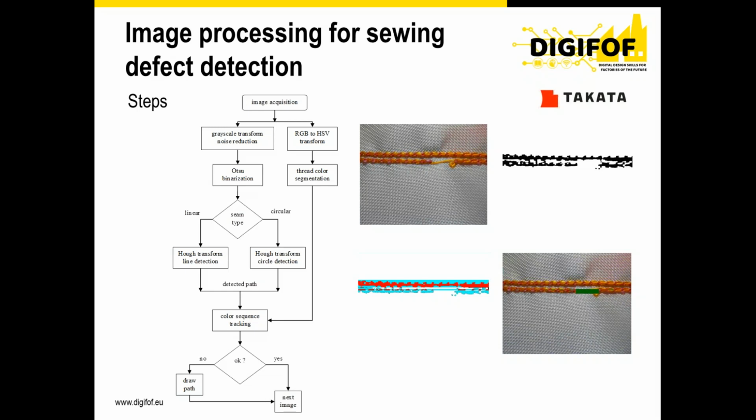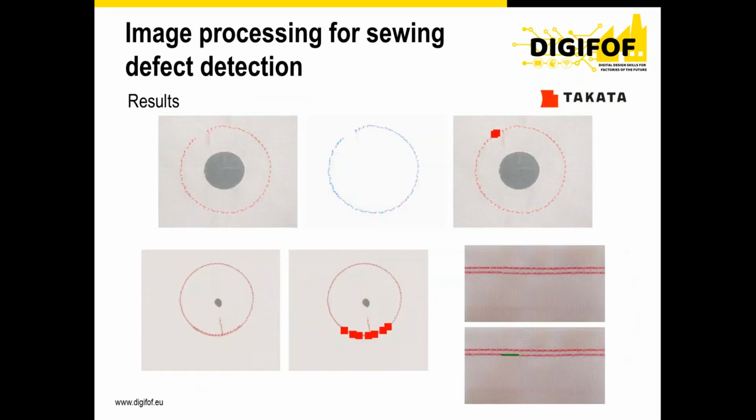And based also on the shape of the seam, because you need to know some morphological information regarding the shape of the seamed assembly, then you could find out if something was wrong there or not.